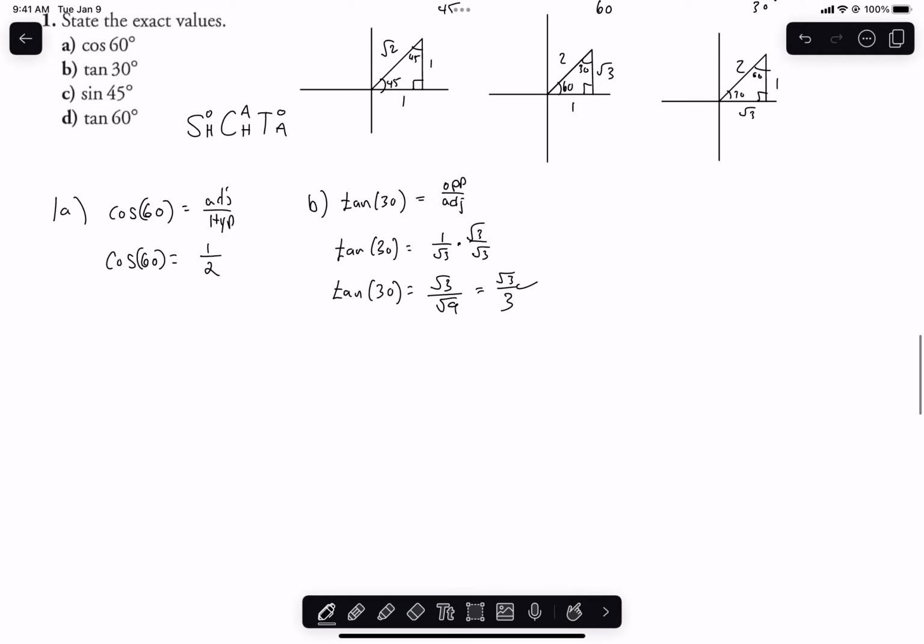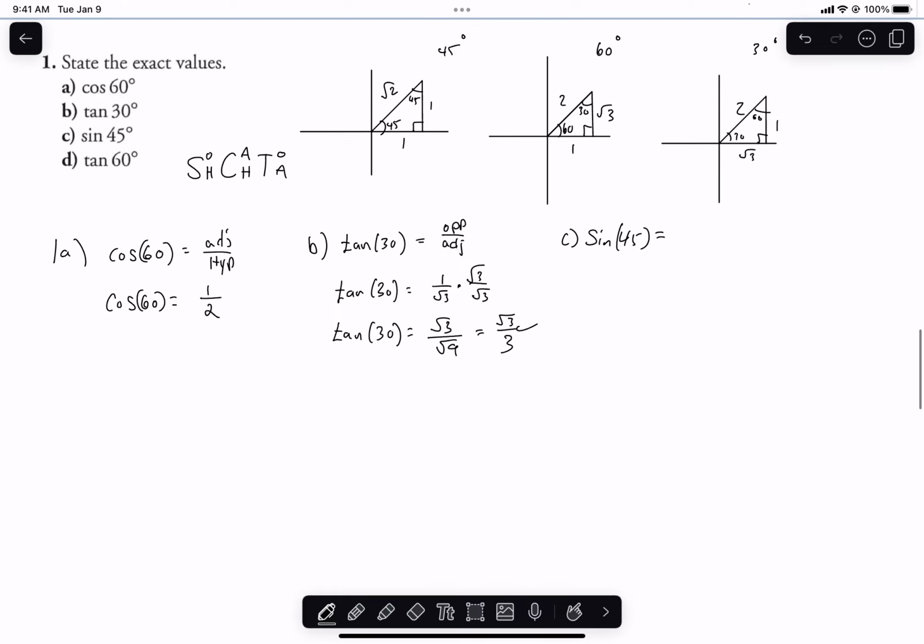Okay, C. C is asking me for the sine of 45 degrees. So I just jump over to the 45-degree triangle, and I write out the trig ratio that corresponds with sine, which is opposite over hypotenuse, right? So I write 1/√2, which again I need to rationalize, and I get √2/2.